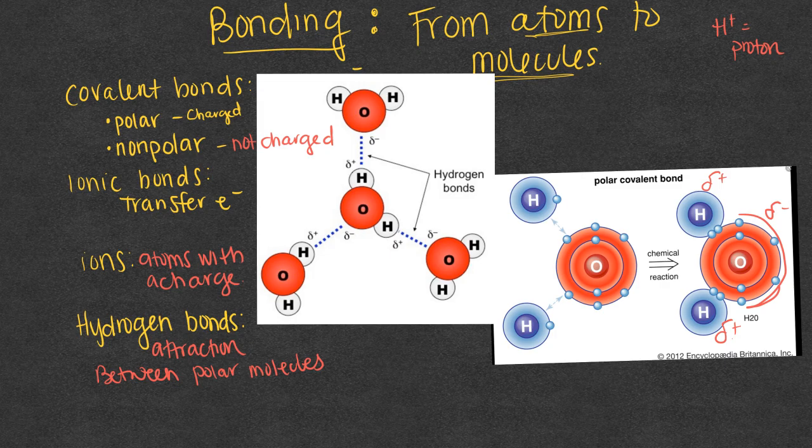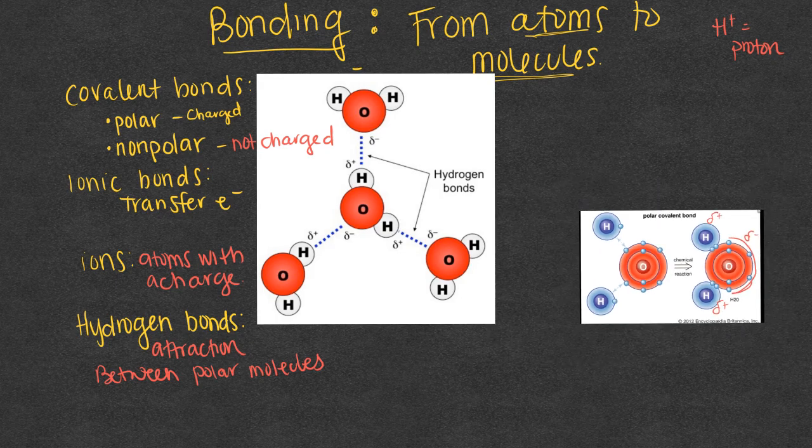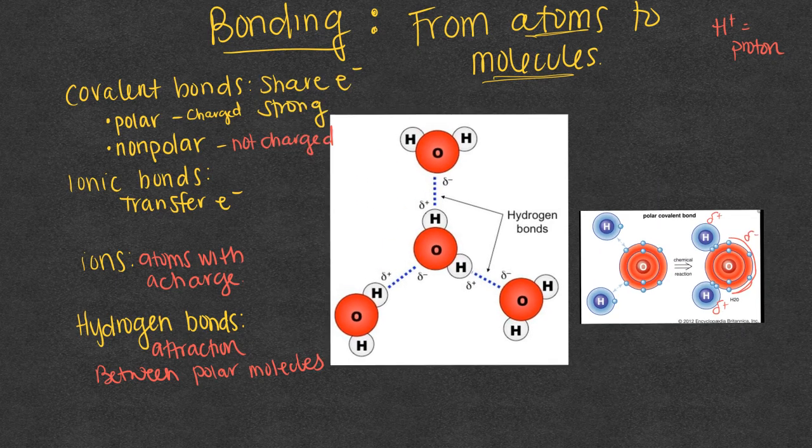And when you get a group of these water molecules together, the negative on the oxygen is attracted to the positive on the hydrogen, and they create this attractive bond, this force that holds them together right here. And those are called hydrogen bonds. Hydrogen bonds are weak. They can easily be broken, but they are strong enough to hold the water together.